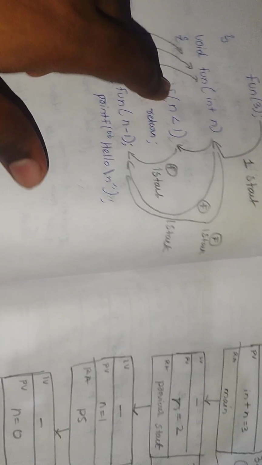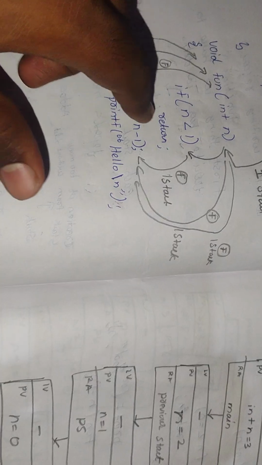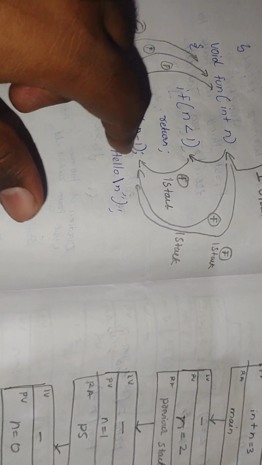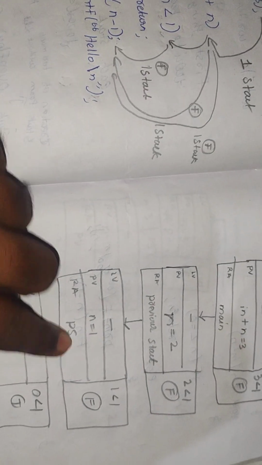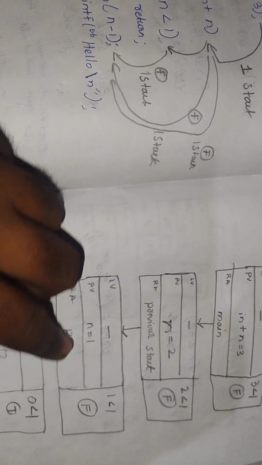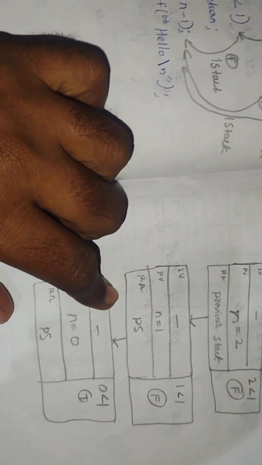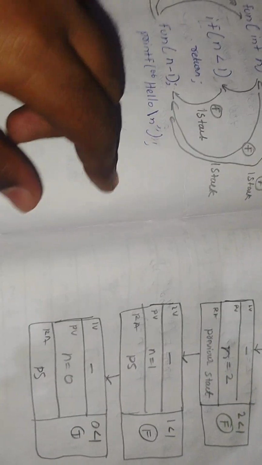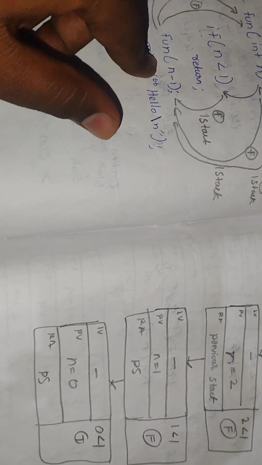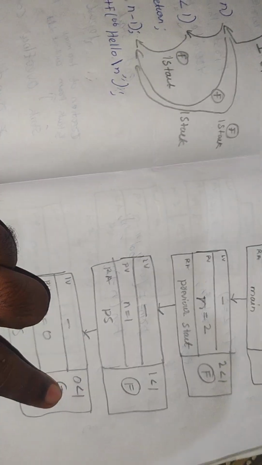So the next function call will happen. 2 will be assigned to n, 2 minus 1 is 1. Is 1 less than 1? No, false. The return address of this stack is PS, the previous stack. And then finally it becomes 1 minus 1, which is 0. So n is 0, is less than 1, true.